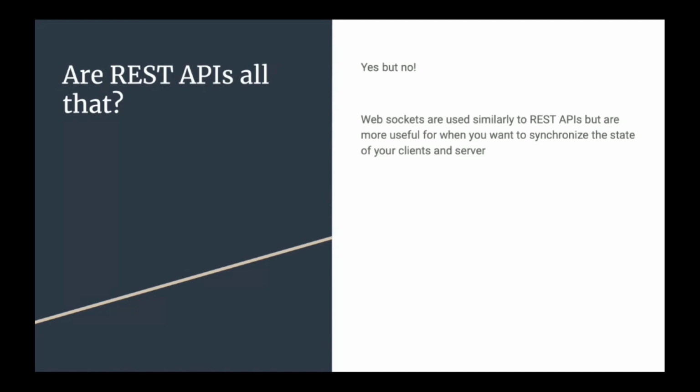The benefit of a WebSocket is that the server can update its clients, so it's more useful for synchronization. If there's ever any change to the server, or the database that the server is connected to, then the server can seamlessly and pretty much automatically disseminate that new information to all of the clients so that they're all up to date.